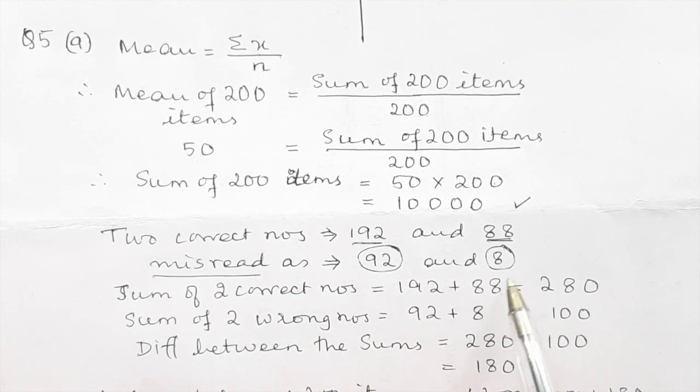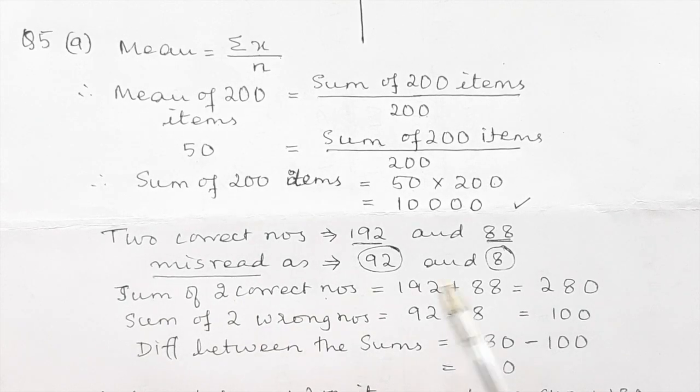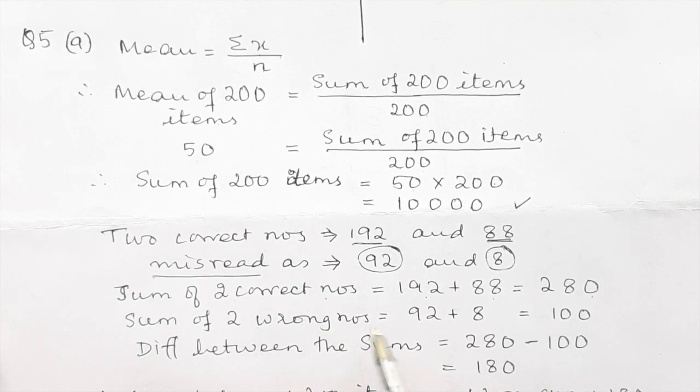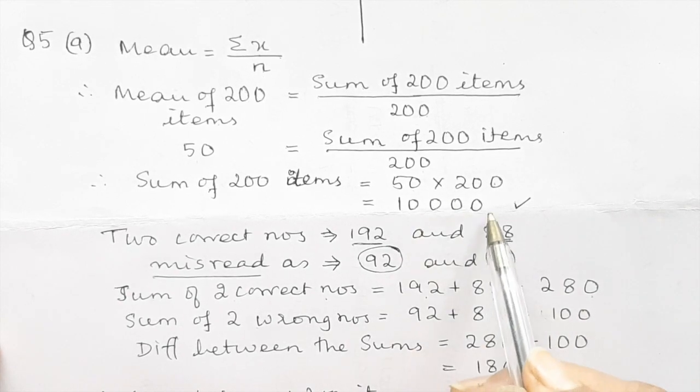Now the wrong numbers are included here. So the sum of 2 correct numbers, that is 192 plus 88, is 280, and the sum of 2 wrong numbers, that is 92 plus 8, is 100. Now this 100 is included here.